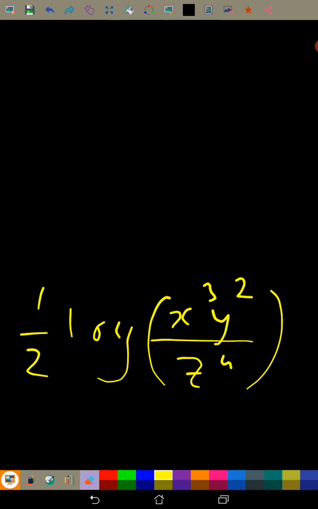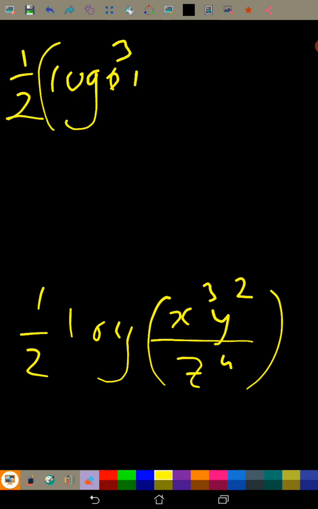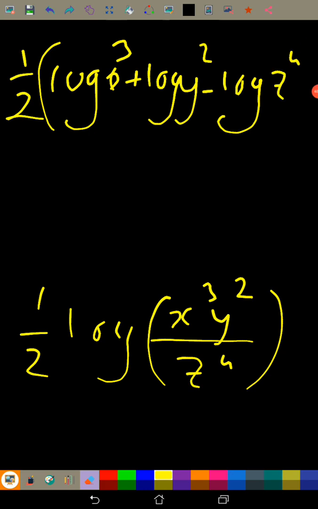The other thing that we know is that now we can safely just say half log x3 plus log y2 minus log z4. And I think that's the answer. Let me check.